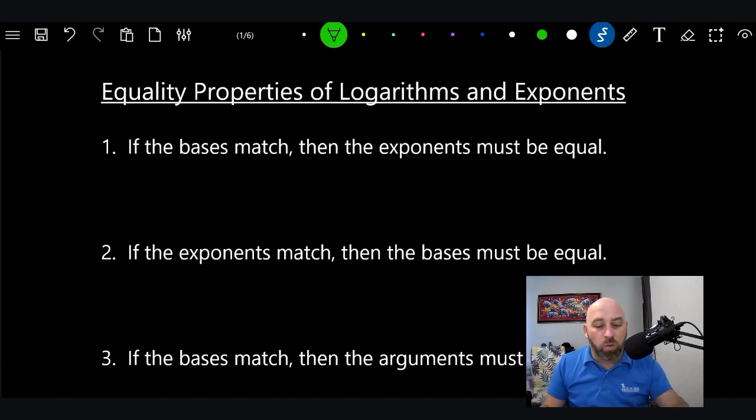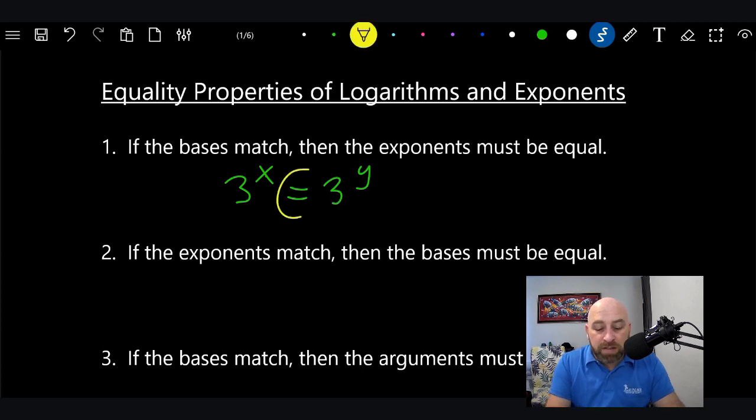The equality properties of logarithms and exponents. So, number one, if the bases match, then the exponents must be equal. Let's say that we have, and I'll just use random numbers, 3 to the x equals 3 to the y.